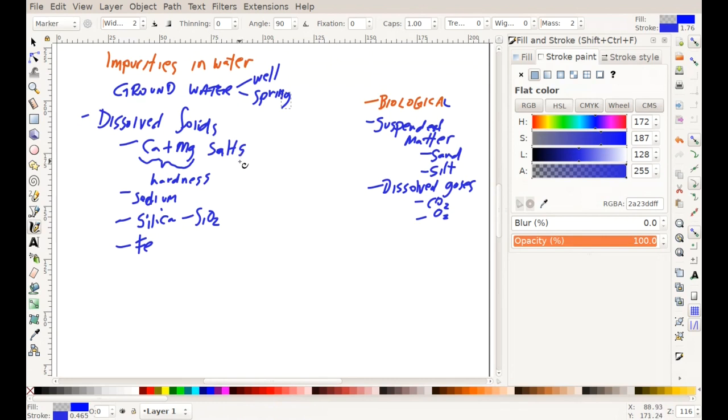Or water has been in an underground formation that has a lot of sand in it. And so that's where we get the silicon dioxide, because that's what sand is.